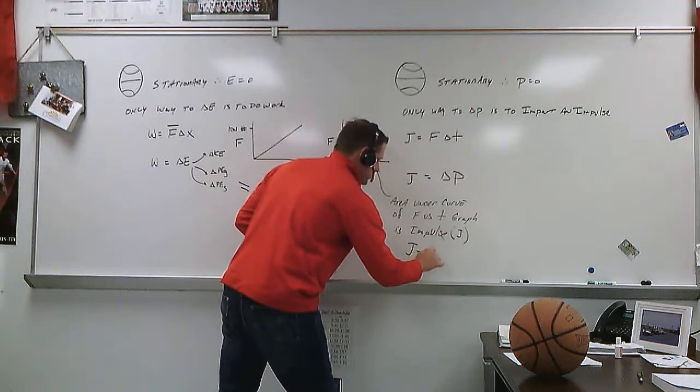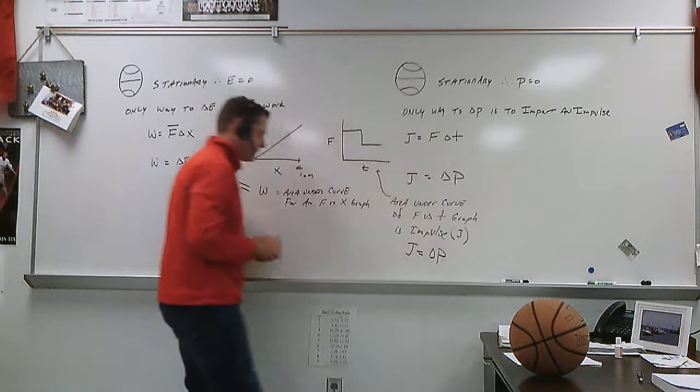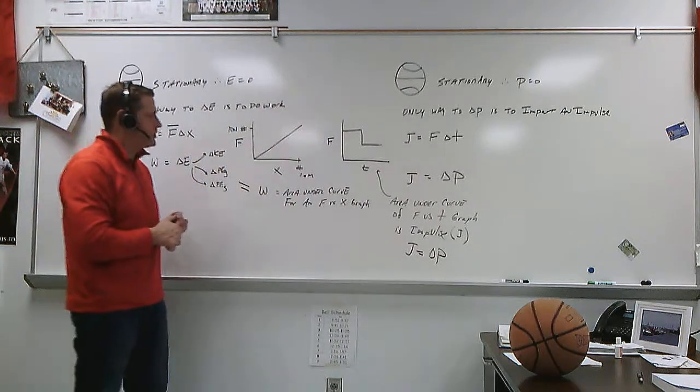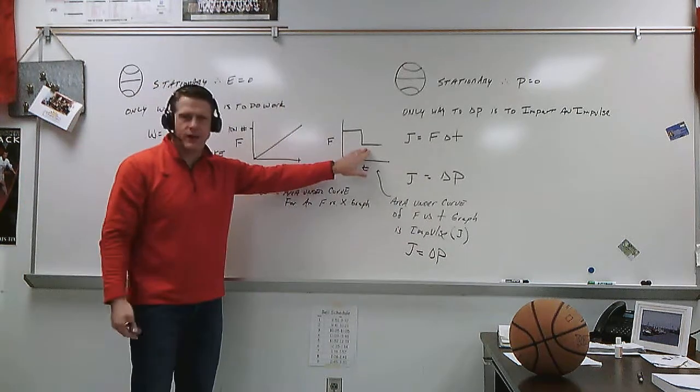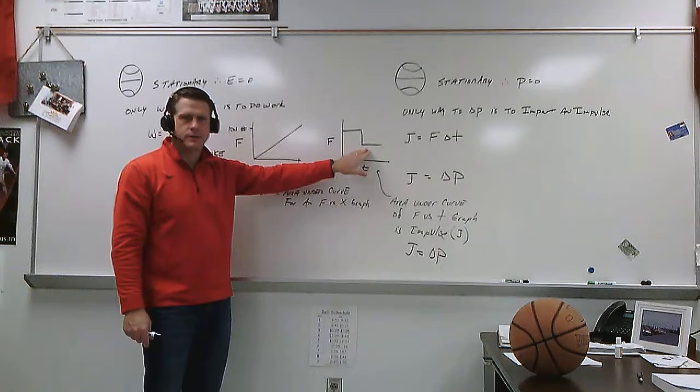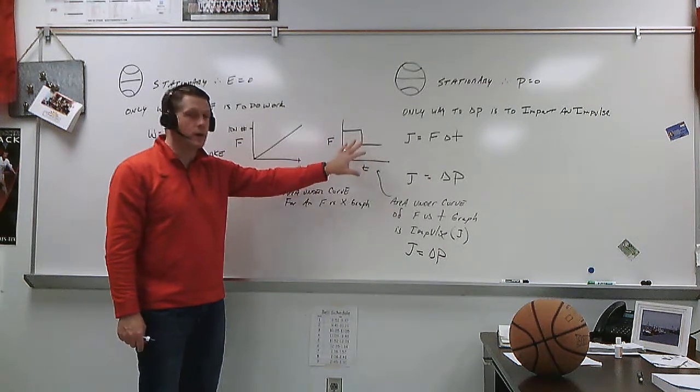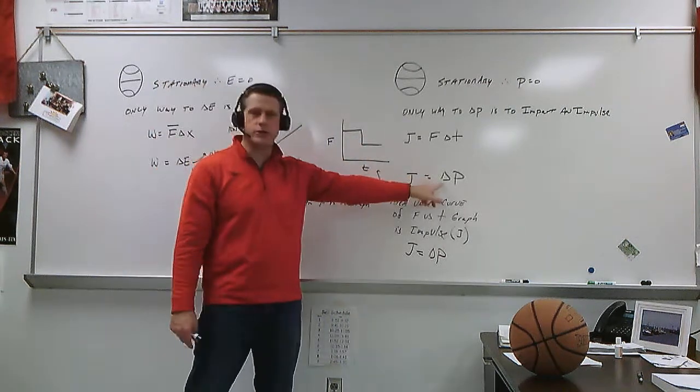Impulse is equal to the change in momentum. So the area under the curve for this graph is equal to the impulse. Impulse is equal to the change in momentum.